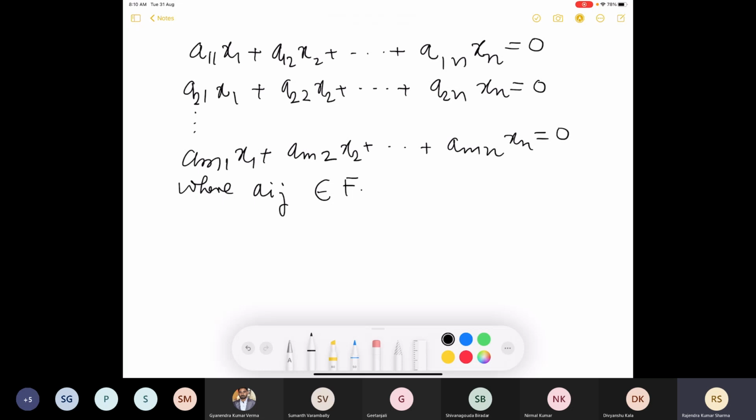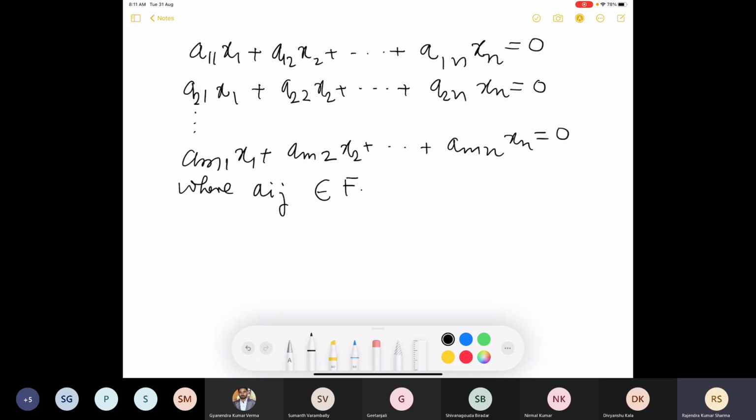So these are the m equations, and it is a linear system, as no products of the xi's are involved, and homogeneous, as the right hand side is 0.